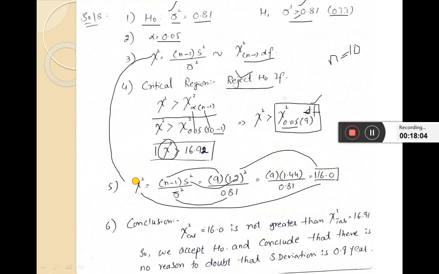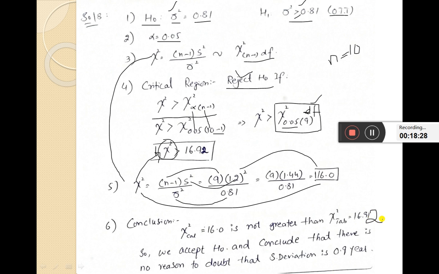Now compare this chi here. Put this chi here. What I am saying is that I will reject H naught if my chi is greater than 16.92. Now my chi is 16. Is 16 greater than 16.92? No, not at all. So it means that chi square calculated, 16, is not greater than 16.92. Sorry, here it is 92.